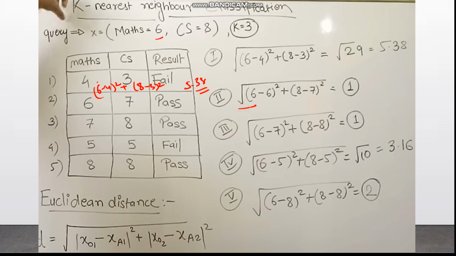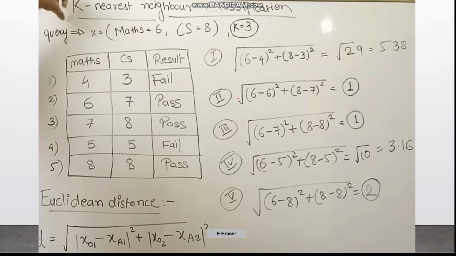Similarly, for the second row we will calculate. Similarly, for the third record, we will get 6 minus 7 squared plus 8 minus 1 squared. For the fifth one, that is 6 minus 5 squared and 8 minus 5 squared, we will get this one. And so we have calculated all the Euclidean distances.